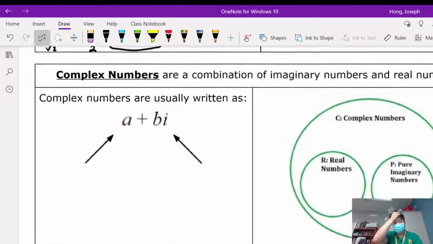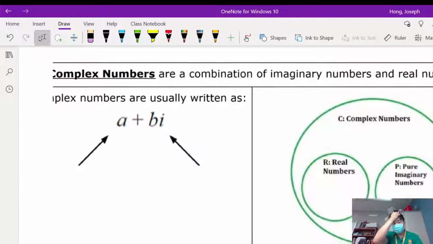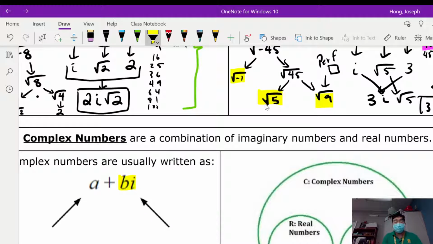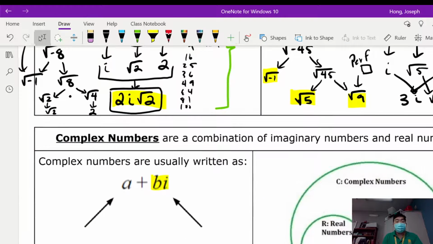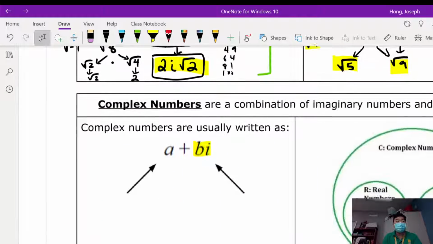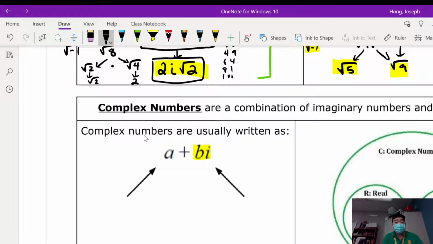So complex numbers, like I told you, is a combination of imaginaries and real numbers. Like what we learned so far in this video, the things that we find in our final answers in the questions above are my imaginary numbers because they contain an i.